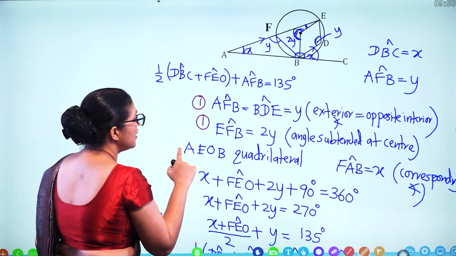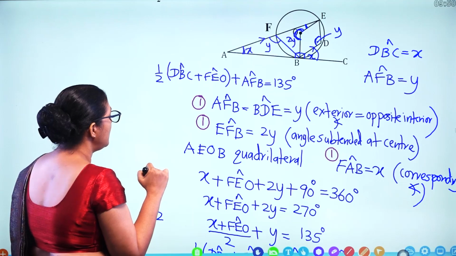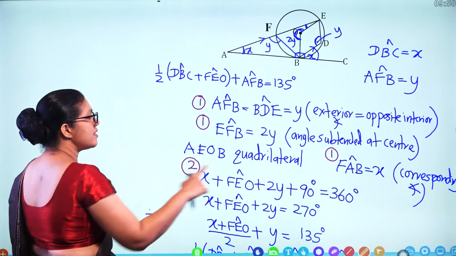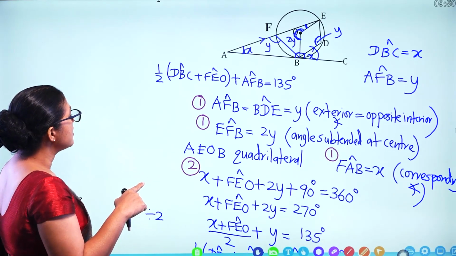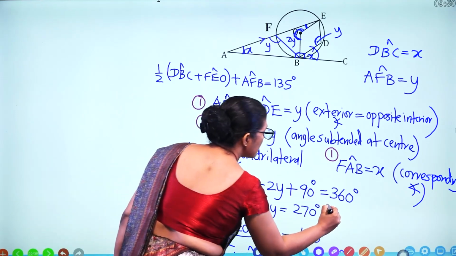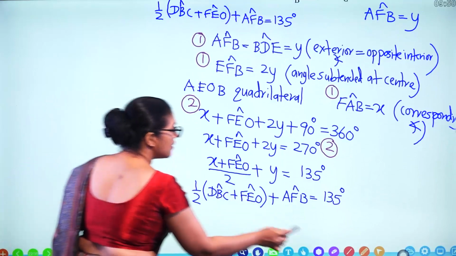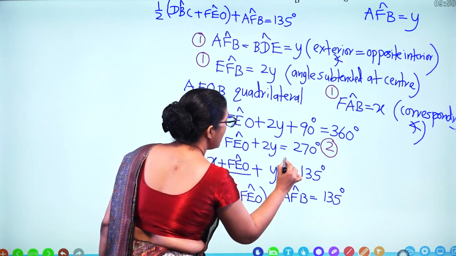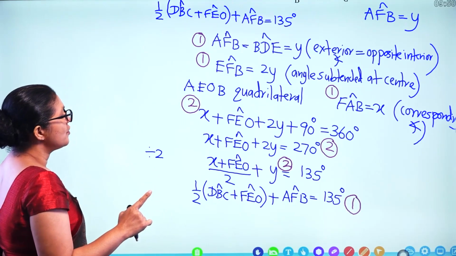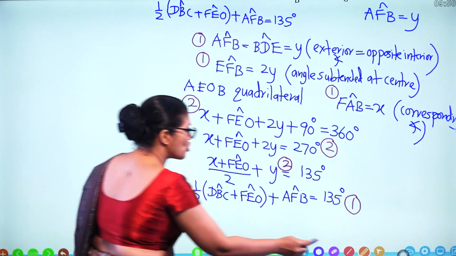And this one mark. And we'll take this one 2 marks, adding all and writing down 2, 3, 4, 5, 6, 7, 8, 9 and 10. 10 marks for the whole question.